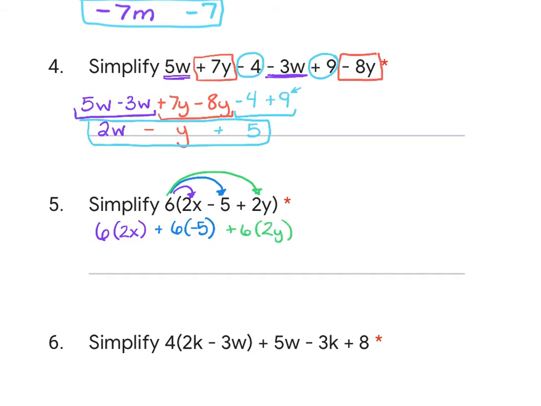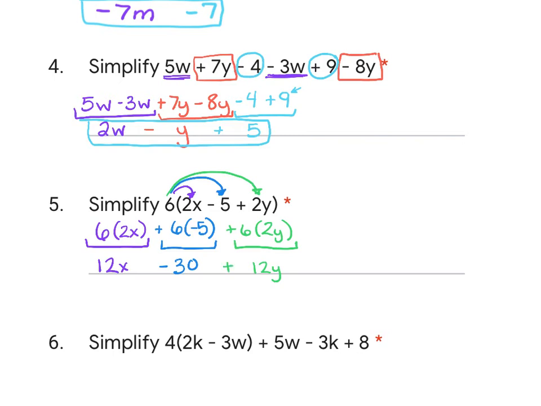So let's go ahead and simplify these. So 6 times 2x is 12x. 6 times negative 5 is negative 30. And 6 times 2y is a positive 12y.